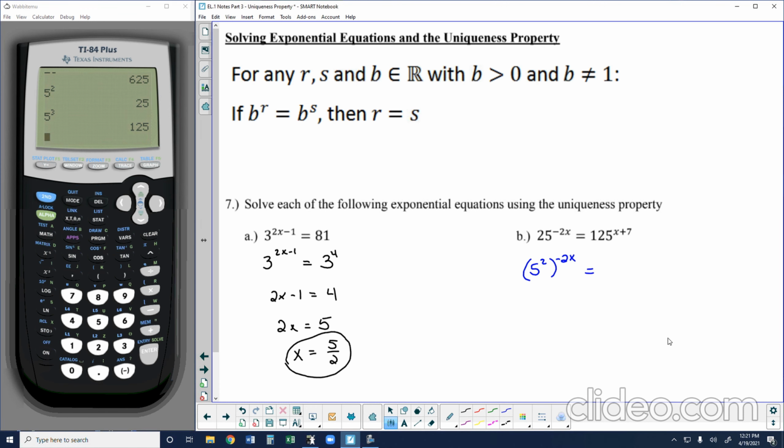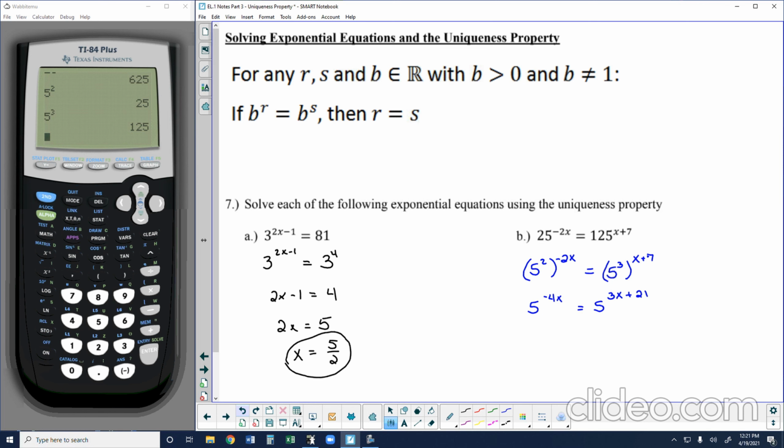So I could rewrite the other side as 5 cubed to the x plus 7 power. How does this simplify? Remember our exponent properties here. If I'm taking an exponent to a power, I would multiply those. So this would be 5 to the negative 4x power equal to 5 to the 3x plus 21 power. Remember, I do have to distribute that 3 to the x plus 7.